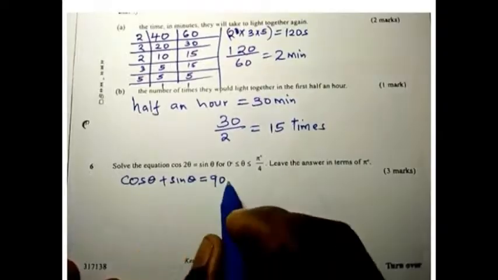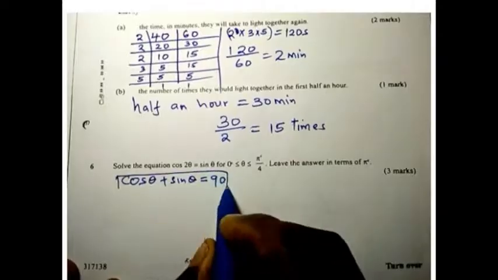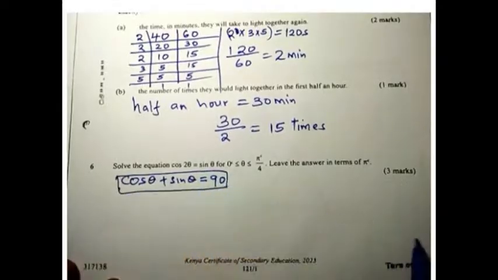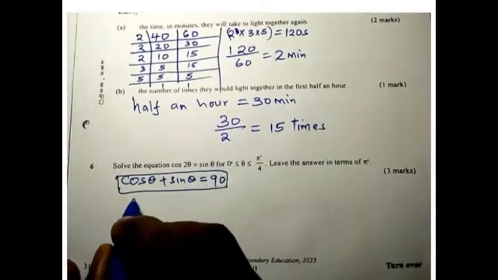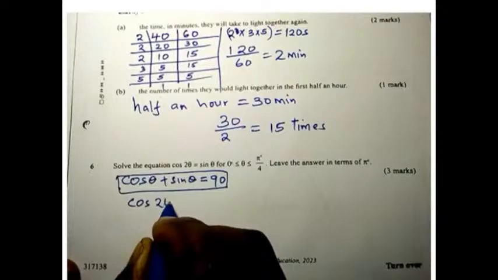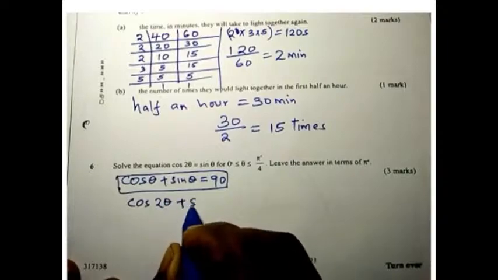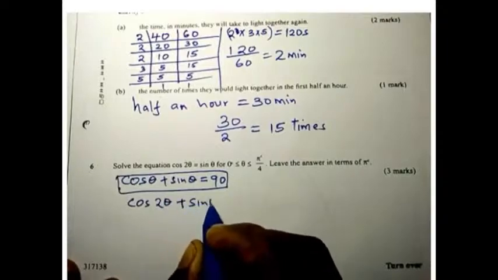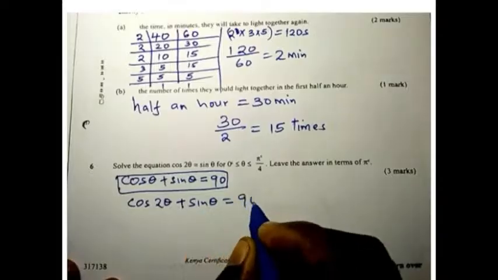So using this knowledge, you will be able to calculate what we are given. So we have been given cos 2 theta, we are going to add sin theta, and the answer is going to be 90.